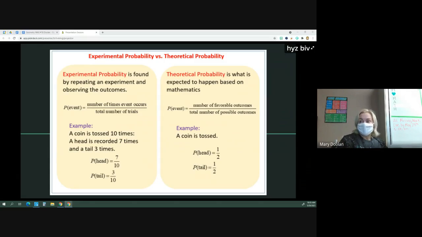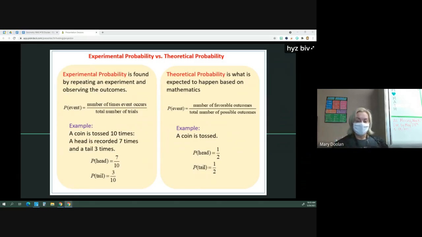So the difference here is that when you're writing out your fractional values, the experimental probability of an event is actually based on the number of times it happens divided by the number of times you did the experiment, the number of trials.